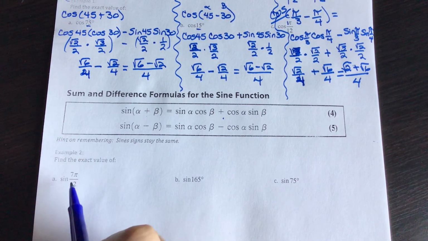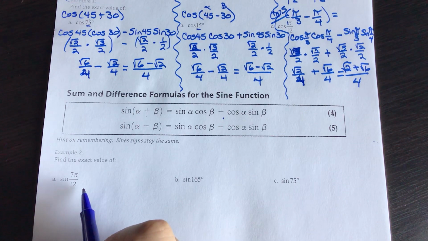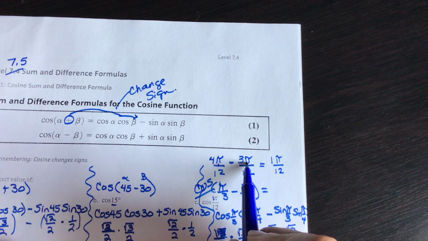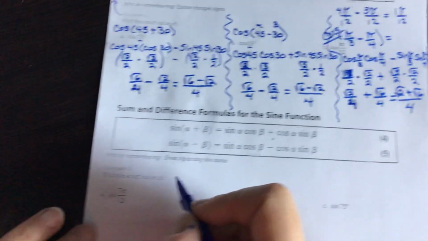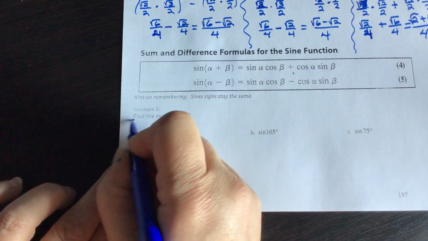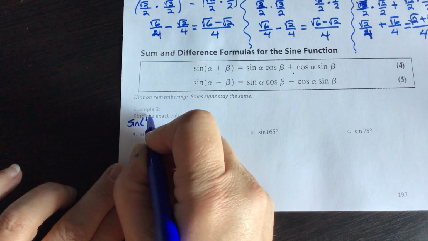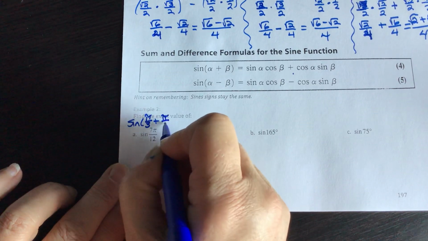So if I'm finding the exact value of sine of 7 pi over 12, thinking about what I did up here, if I'm subtracting these and I get 1 pi, I can add these same angles and get 7 pi. So this is the same thing as sine of pi over 3 plus pi over 4.